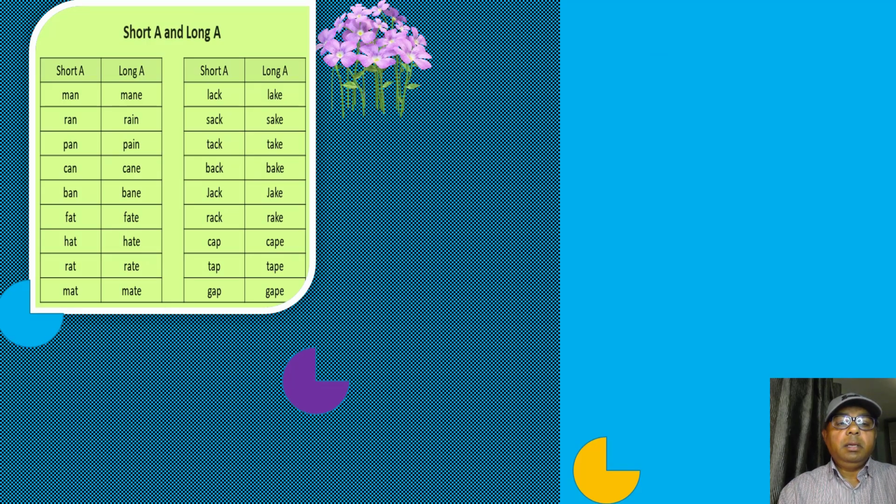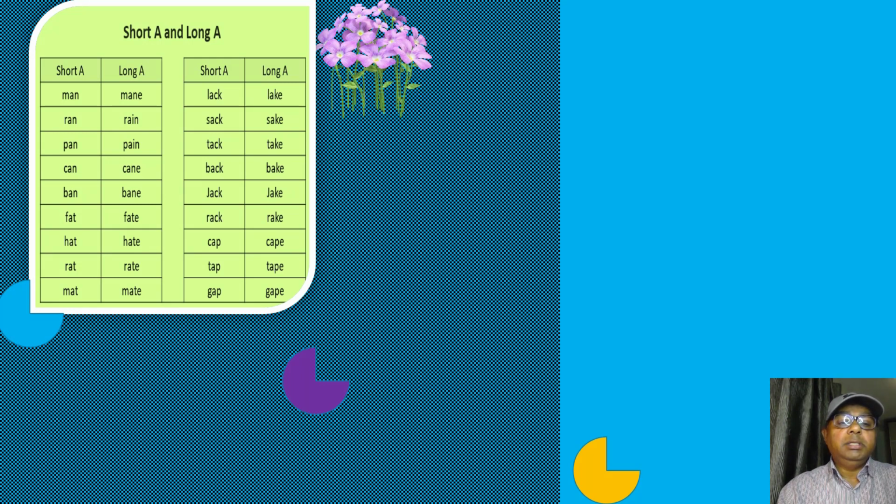In this slide, I'm going to show a short A and long A sound. How a single letter can make a short sound and a long sound makes the whole language much more challenging, difficult and inconsistent to a certain extent. Say, for example, short A, as in man, ran, pan.